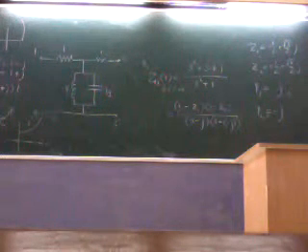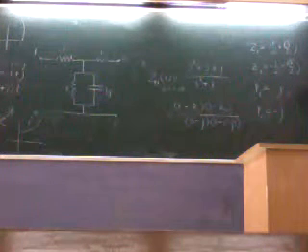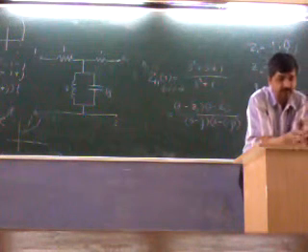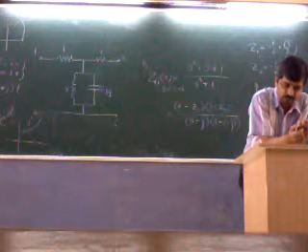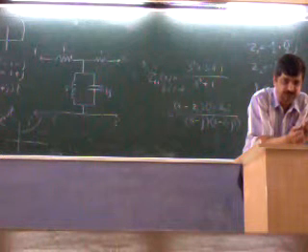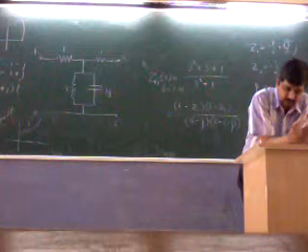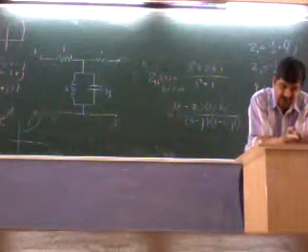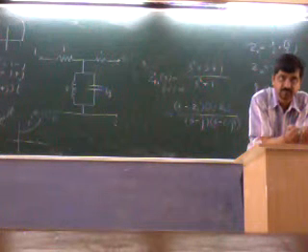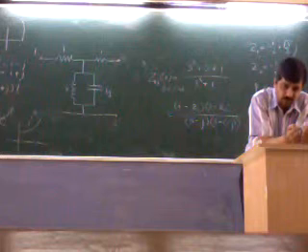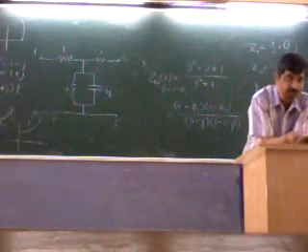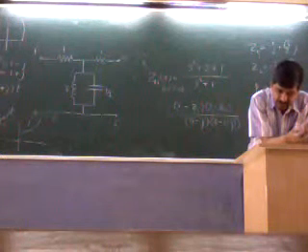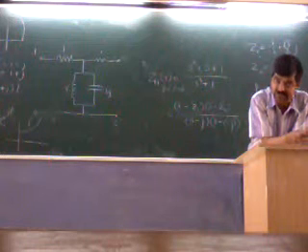Then it will have some zeros, meaning a typical value of S for which the operations inside that circuit are such that we get zero output, or a pole, meaning the value of S for which the function becomes infinite.